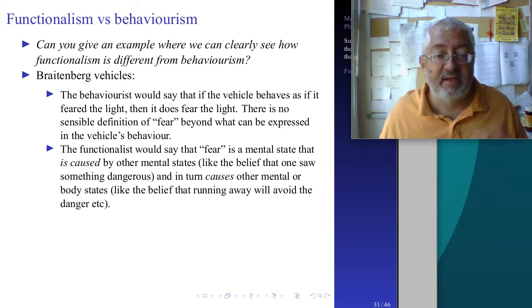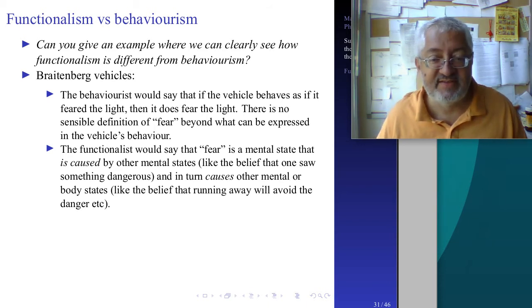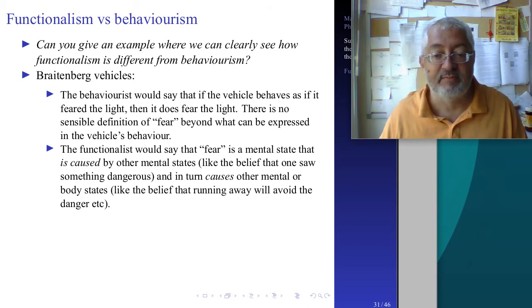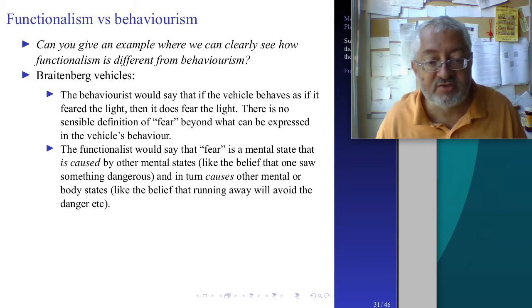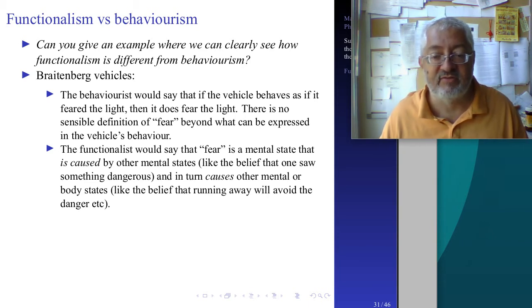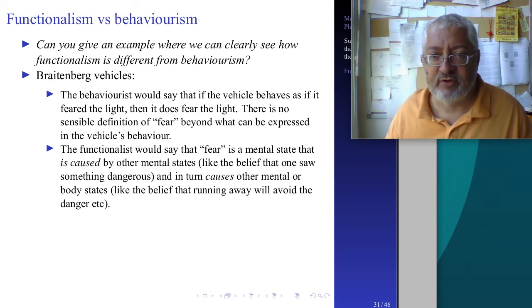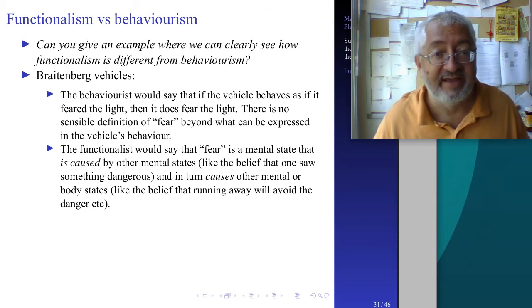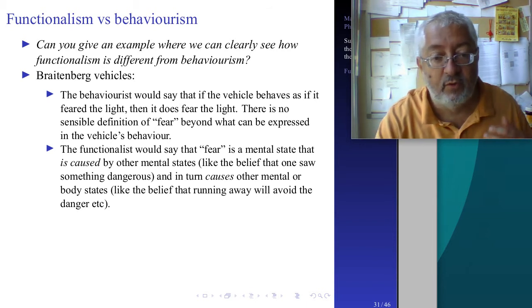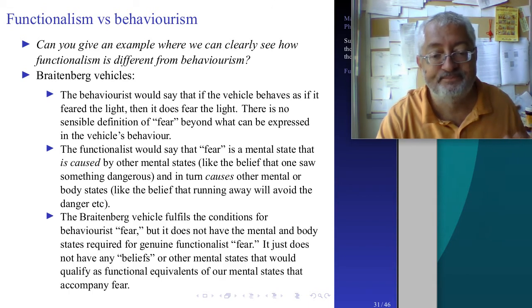But if I know what is inside, and I know it's just 2 sensors and 2 motors and 2 cables, then we perhaps would tend to be functionalist and say that fear is a state that is caused by other mental states, like a belief that something is dangerous, and in turn it causes other mental or bodily states, the belief that running away will avoid the danger and so on, and the vehicle doesn't have all these states, and therefore the vehicle doesn't qualify to be a carrier of the mental state of fear.